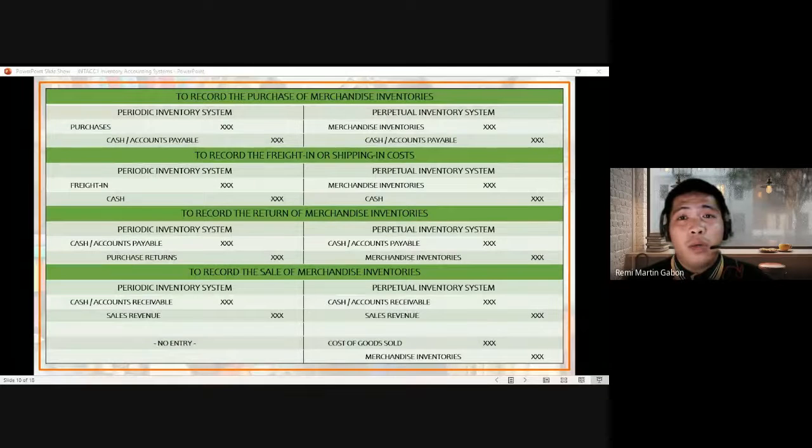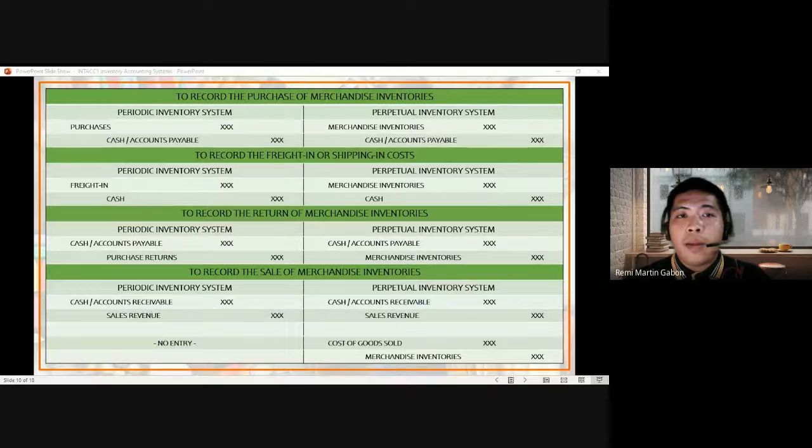Yun yung sinasabi ko under periodic, na kumbaga, the transactions are recorded as is. So, nadi-describe ang transaction by the journal entry itself. So, a debit to purchases will give you a hint that the entry is referring to a purchase transaction. While under perpetual, we debited it to merchandise inventories.